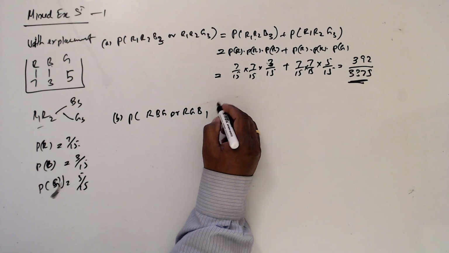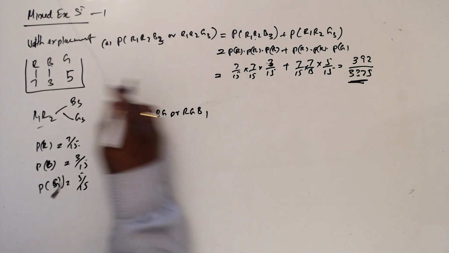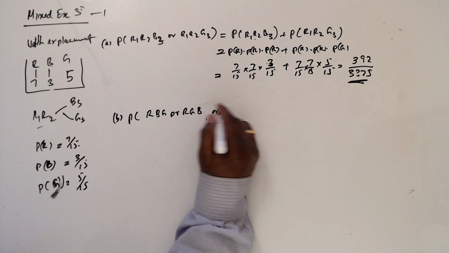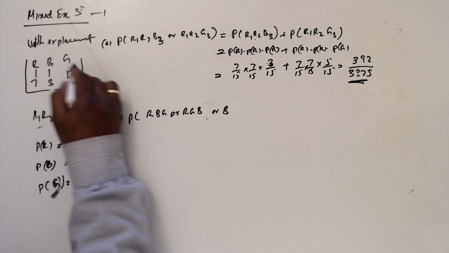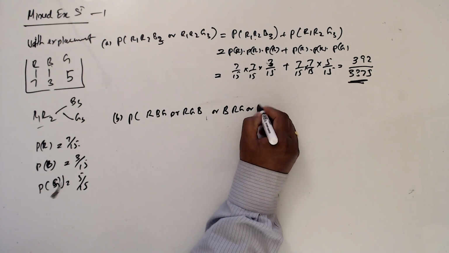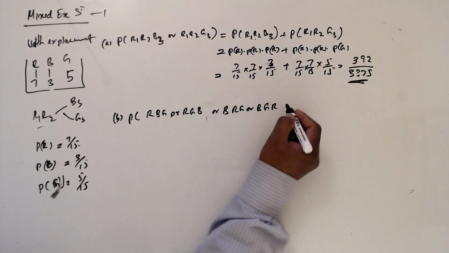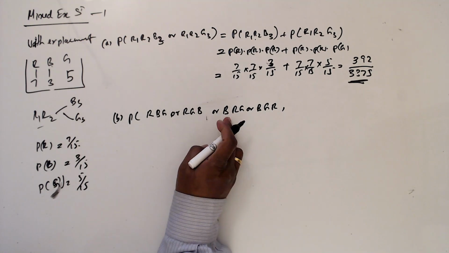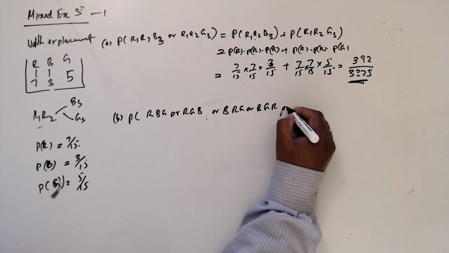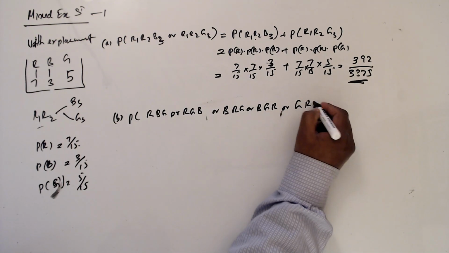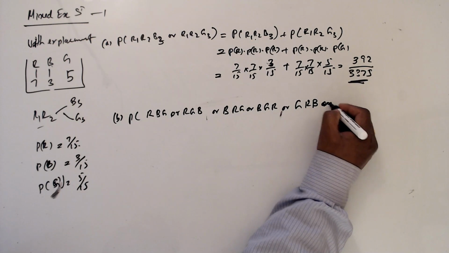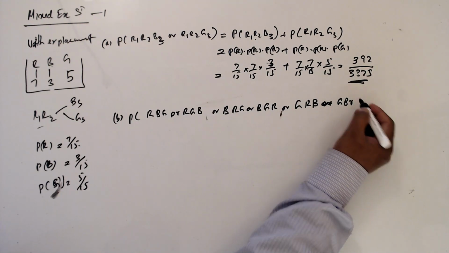Then let's fix B: BRG, BGR. Then G fixed: GRB, GBR.